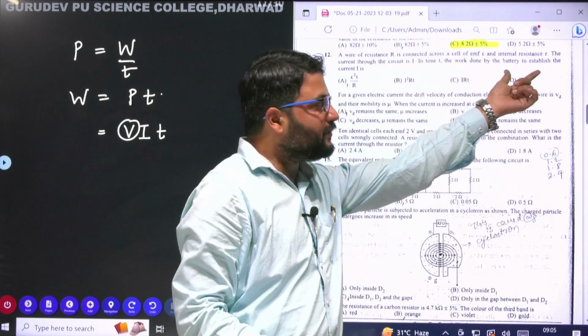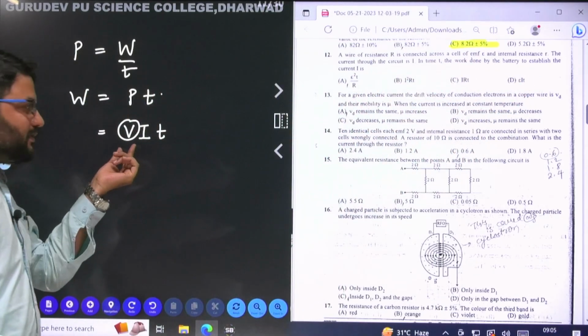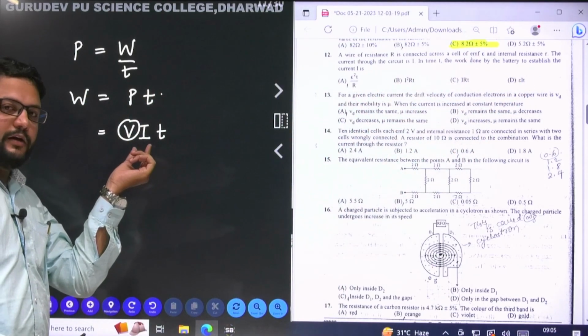Now, if you are having internal resistance, then I have to take terminal potential difference. So I'm not willing to take the terminal potential difference.